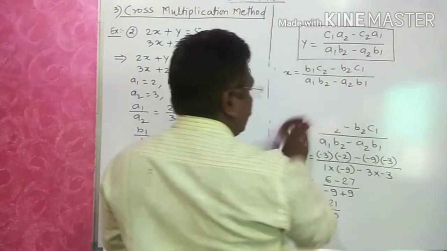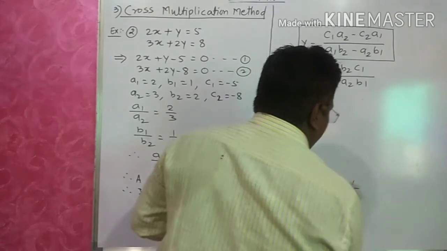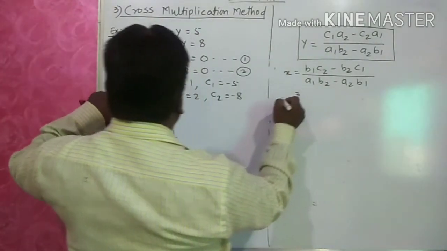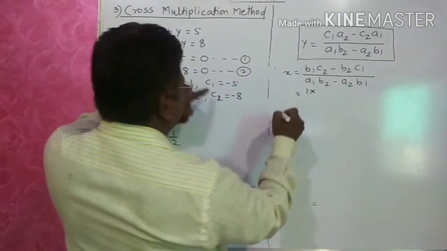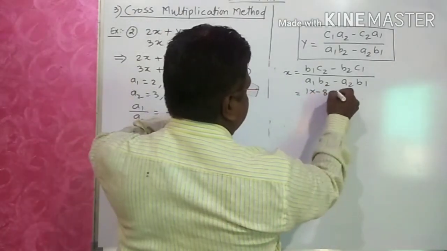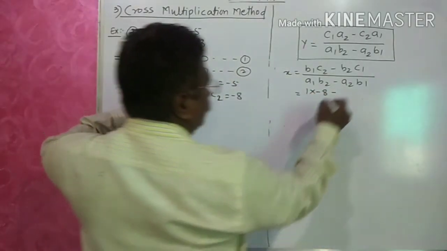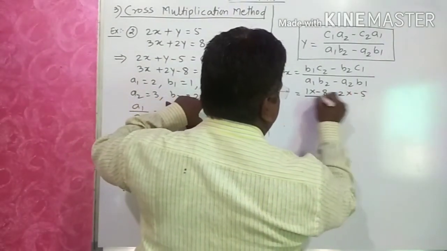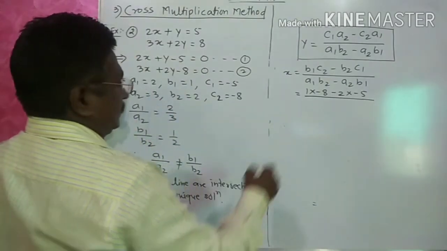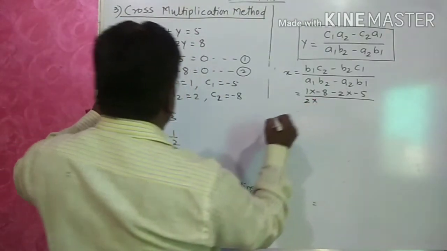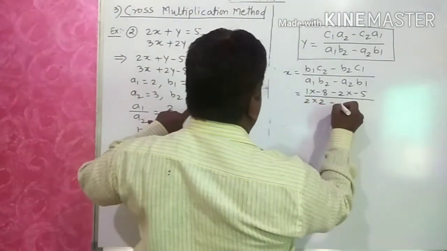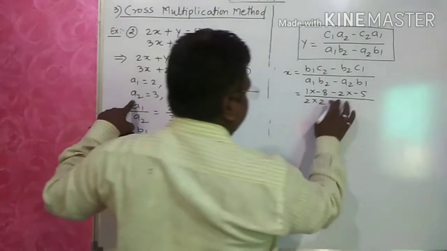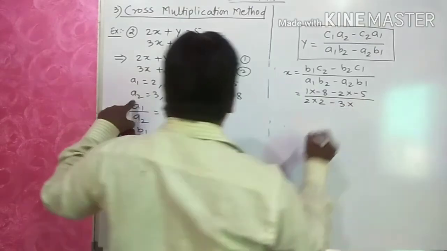Now substitute the values in this formula. b1 is 1 into c2 minus 8, minus b2 2 into c1 minus 5, divided by a1 2 into b2 2 minus a2 3 into b1 1.